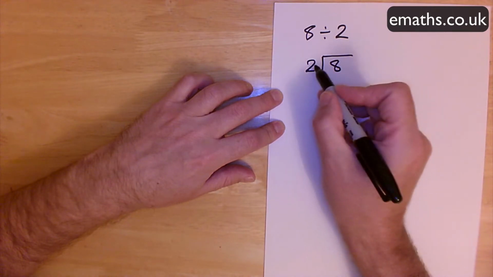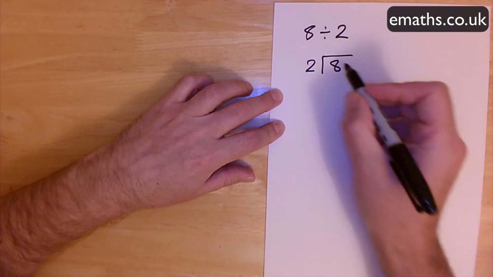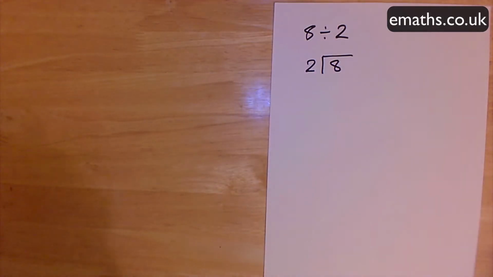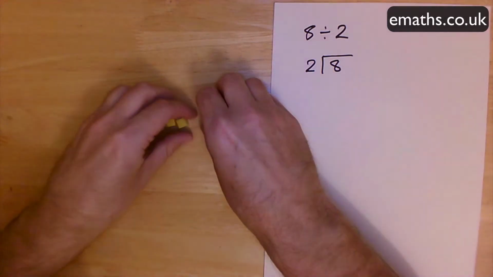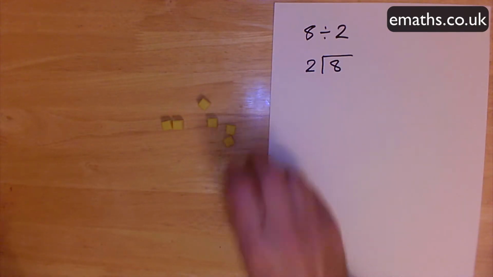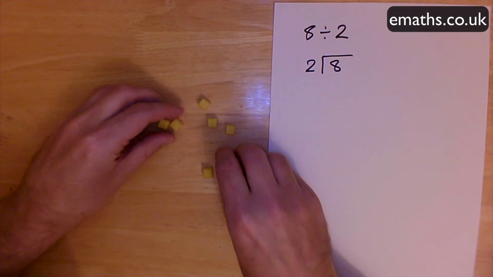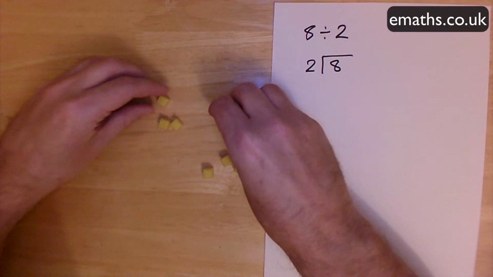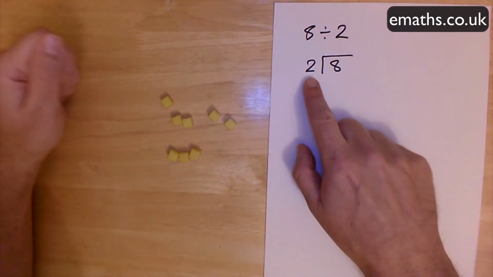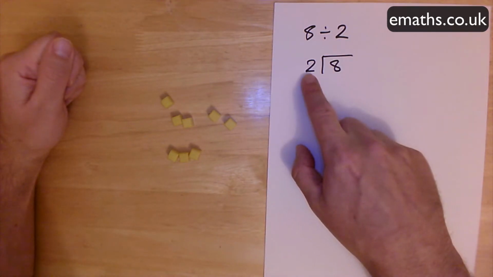So we know that one of the lengths is 2 and we're trying to find the missing length of the rectangle that will give us this area of 8. So let's create a system of 8 with our Dienes blocks. So we have here a system of 8, and I know that I'm trying to make a rectangle where one of the lengths is 2.